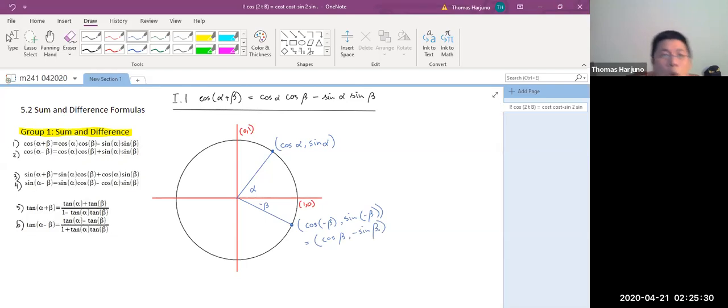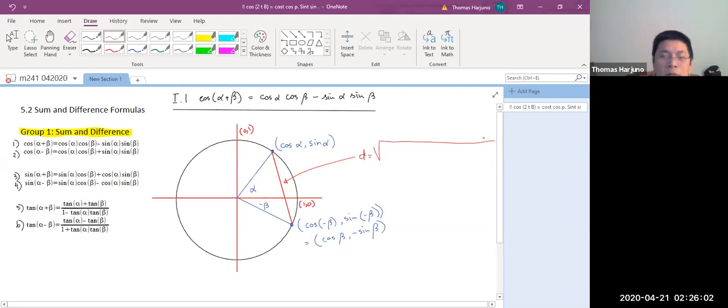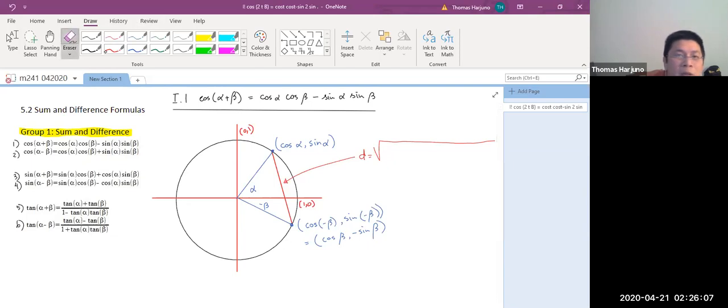Okay, now, once you are done with that, I would like you to find, using the Pythagorean theorem, the distance between these two points here. We want to find the length here. Let's call that D, and that must be the square root of, let's remember, what's the formula, the distance formula?